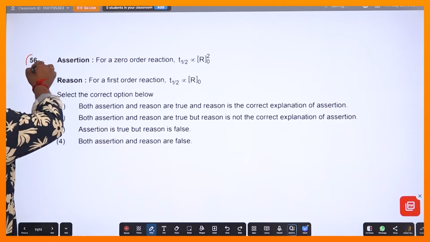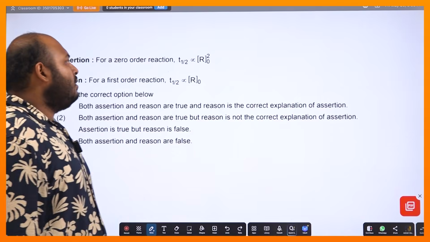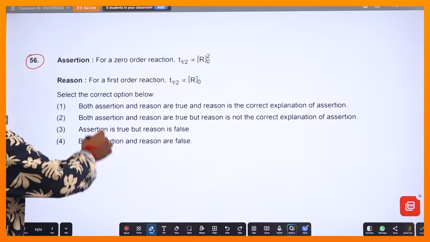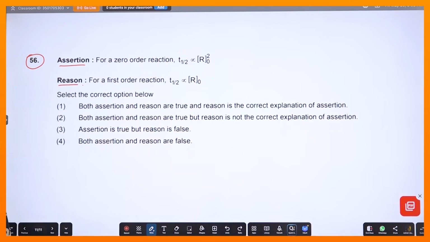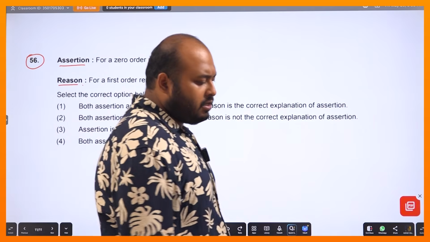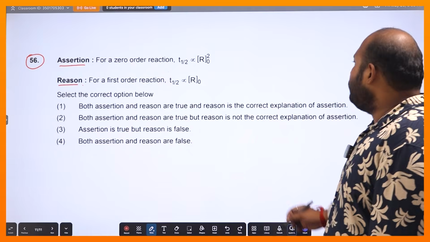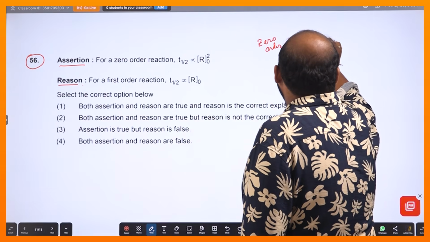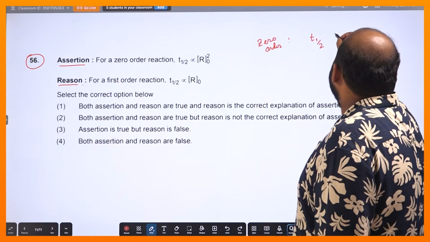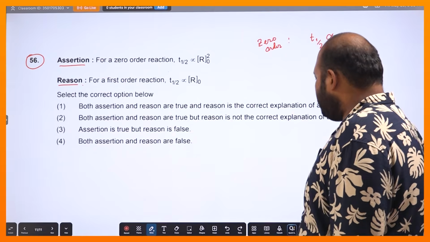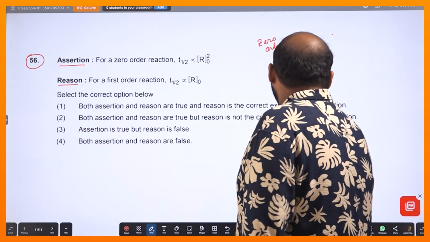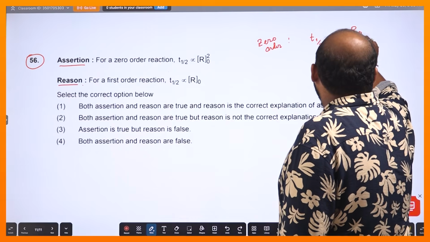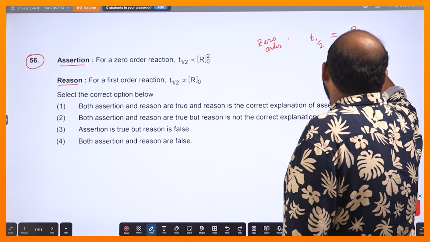This is a question from chemical kinetics, and it is an assertion reason question. It is saying that for a zero order reaction, T half is directly proportional to the square of the initial concentration. You know, for zero order, the half life equals R naught, the initial concentration, by 2K.